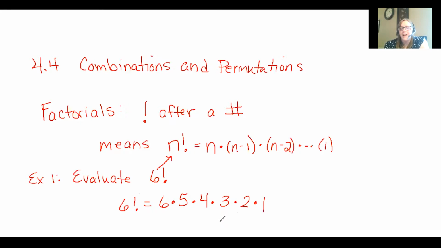Do not do times 0, because then your whole thing would be 0, and that would be pointless. And so here, whenever you put that in your calculator, you get 720. If you do not have a graphing calculator yet, get one as soon as possible. This section is where graphing calculators need to be used.